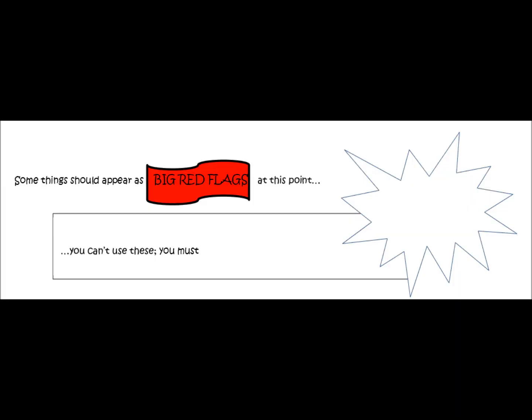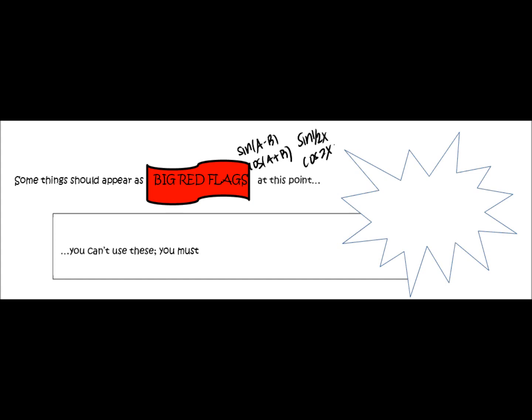You guys know enough trig by now that some things should appear to you as big red flags when you see sine subtraction, or cos addition, or sine of the half angle, or cos of the double angle. Automatically, these things should point you to your reference sheet because you can't use these things as they are.